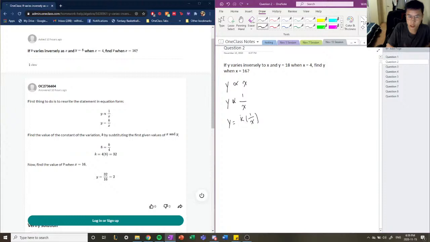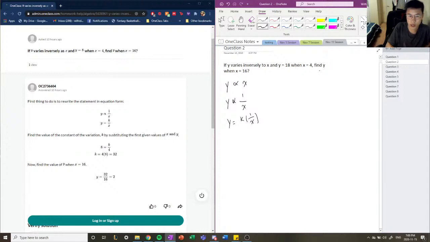We have to consider that there might be a constant k. So it might be related 2-to-1 or 3-to-1, right? Now the question is asking us to figure out the relation between y and x, okay? So we have this general formula here, and we're given two data points. We're given when y is equal to 18, x is equal to 4.